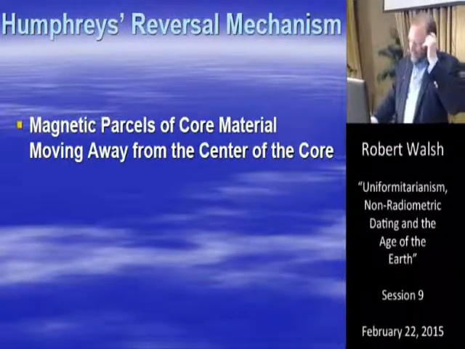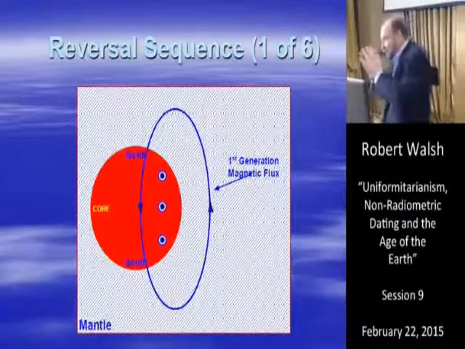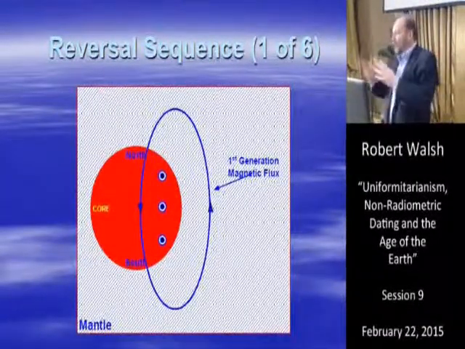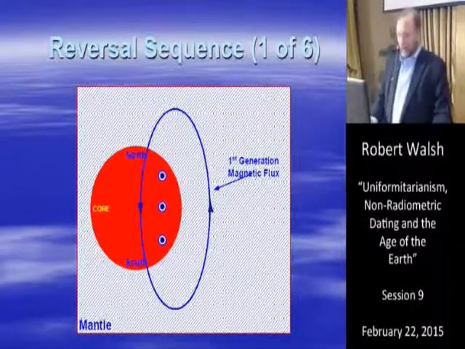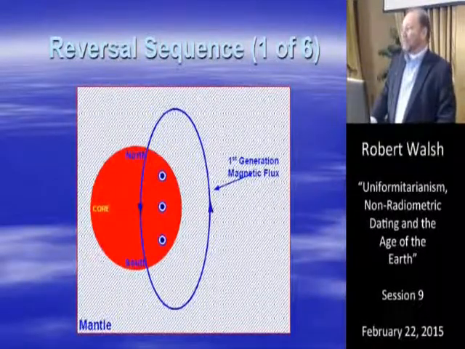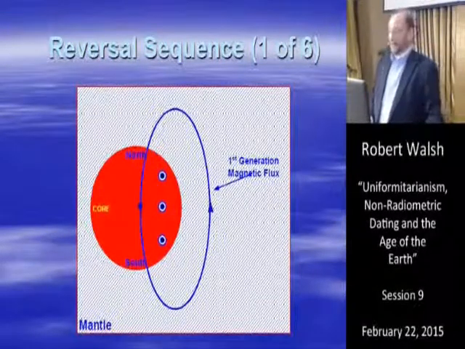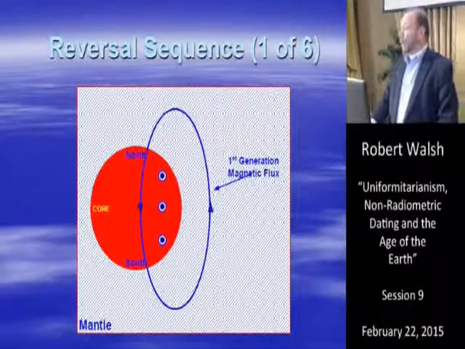So what this slide shows is that we're going to be taking snapshots of this process that Humphreys has come up with. So if you look at this particular slide, those little circles with the blue dot in the middle mean you're looking at the direction of the surface current.